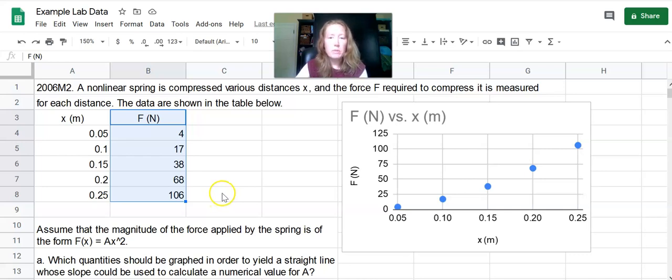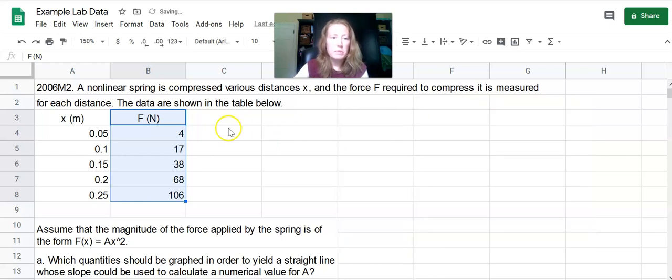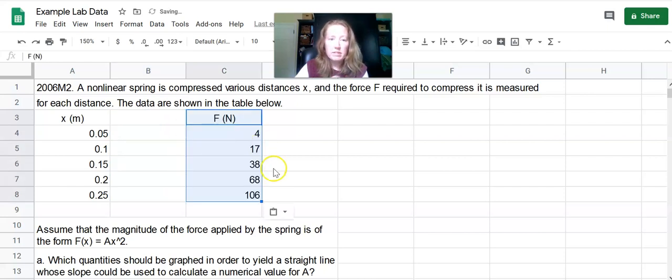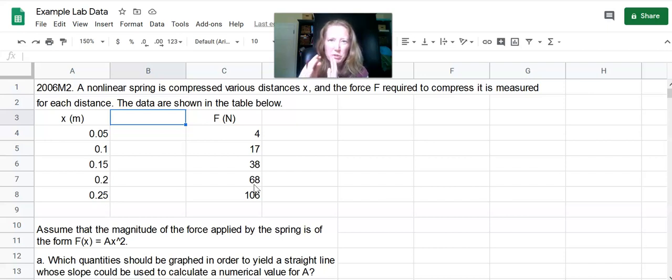So what I'm going to do on my graph here, I can just delete this one, it's not useful to me. I can scoot this over, so I'm just going to move my y-axis over. It seems like Excel and Sheets doesn't like to have the y-axis come first when you're making the scatter plot, so that's why I'm moving that over rather than making a new column to the right.